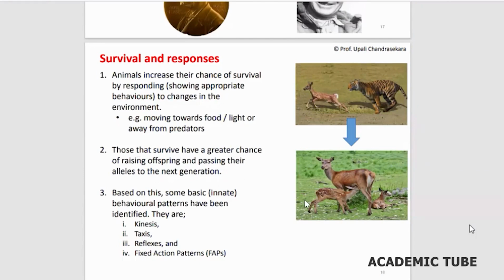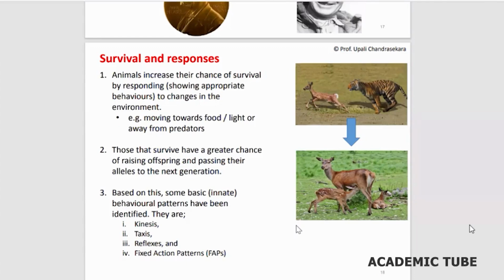So that is the advantage of behavior. Good behaviors always enhance the survival of animals. By doing so, their fitness would be increased. Fitness means the number of progeny that they can produce during their lifetime.